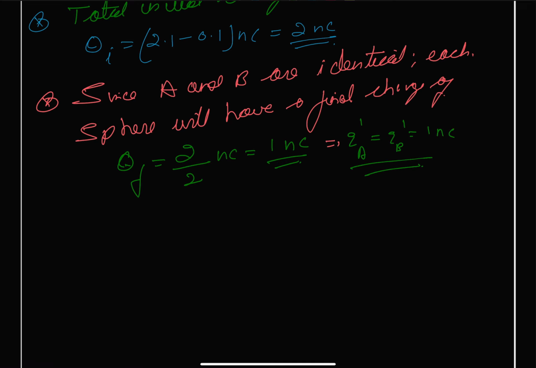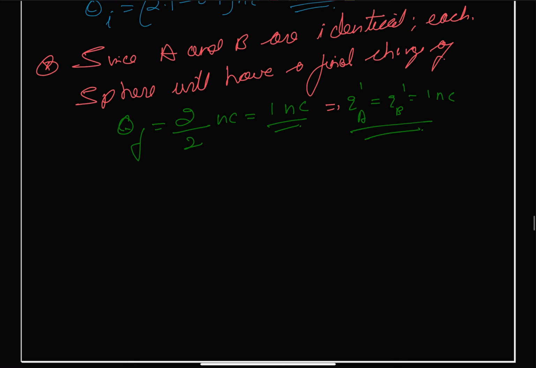Now we can easily find out the force under final condition. Therefore we can say that electrostatic force F will be equal to K, we have here Qa prime multiplied by Qb prime.